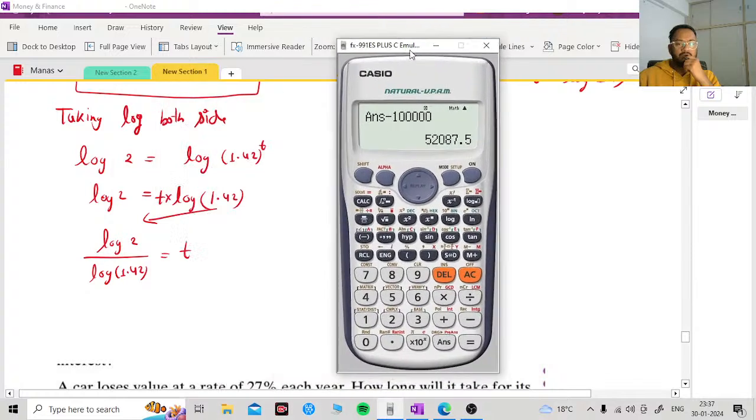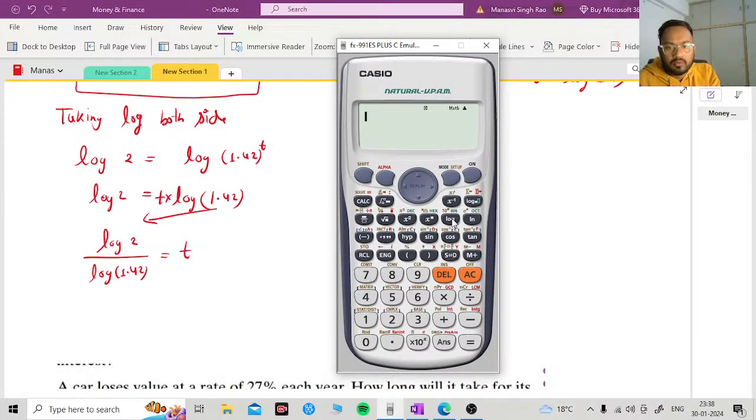Now you need to do one thing here. You need to write log and then log 2 bracket close divided by again log 1.42 and then bracket close. So by that way you will get 1.97.